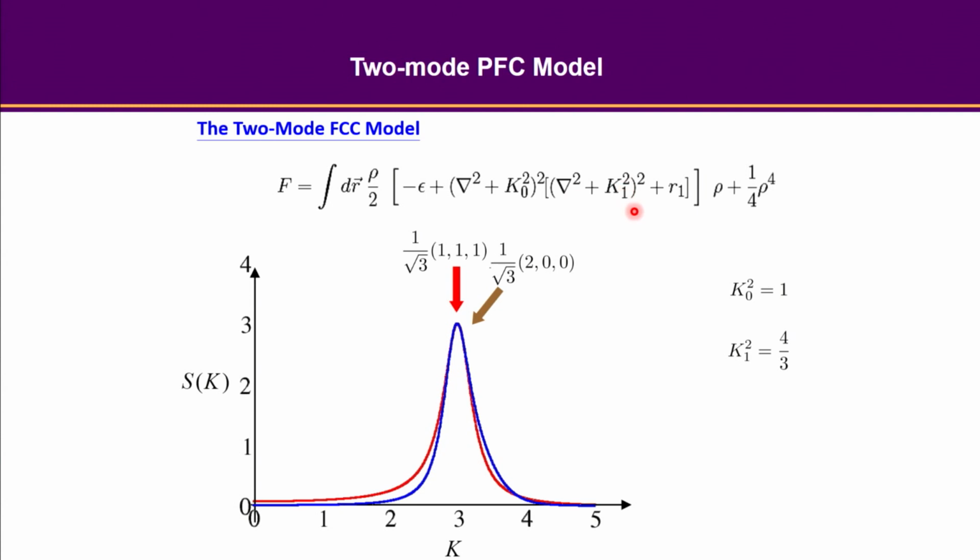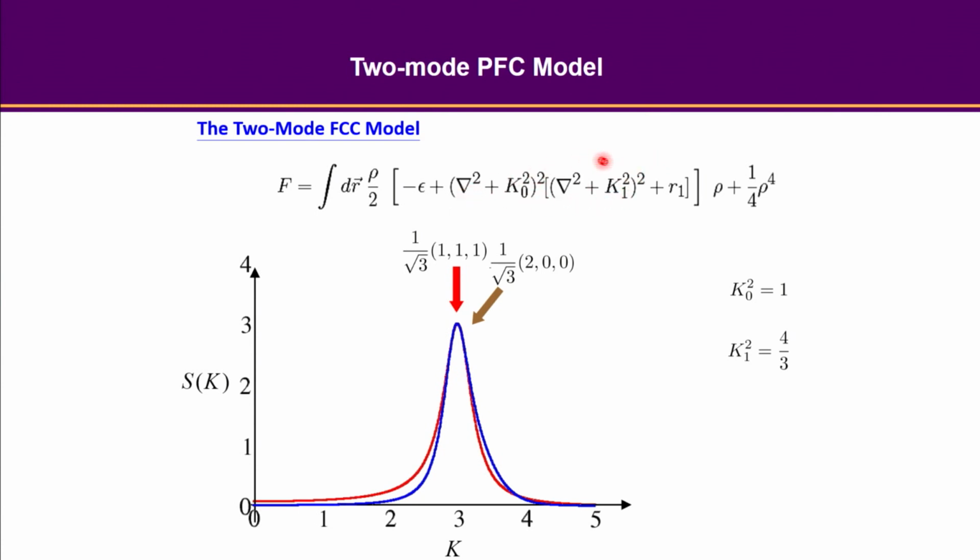So you can see here, for example, if k equals k0, the whole thing disappears, right? So it basically goes back to the first mode.